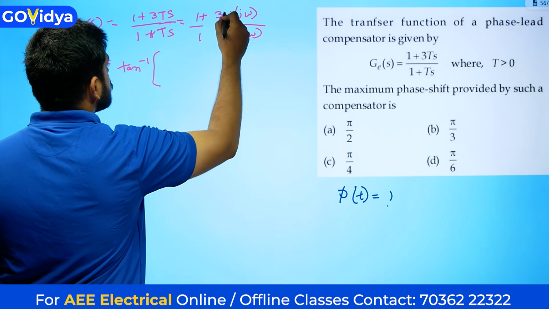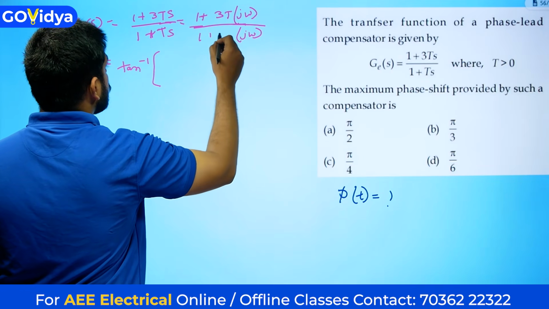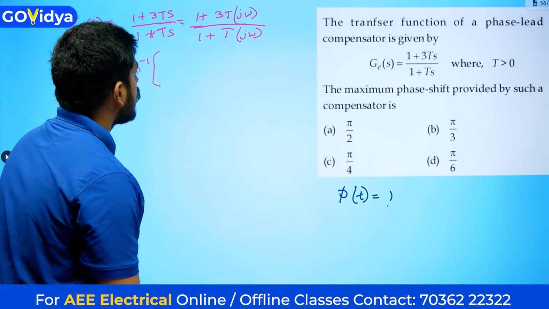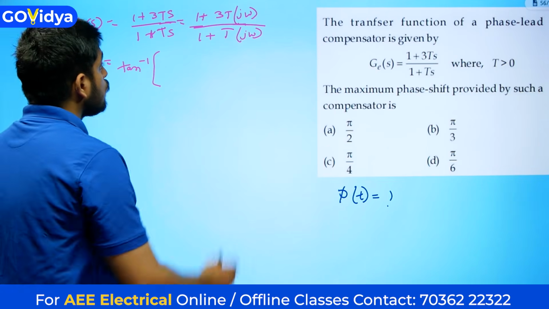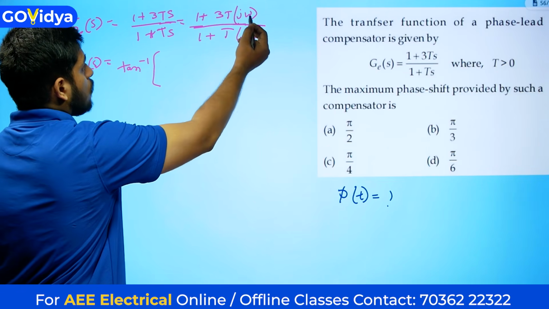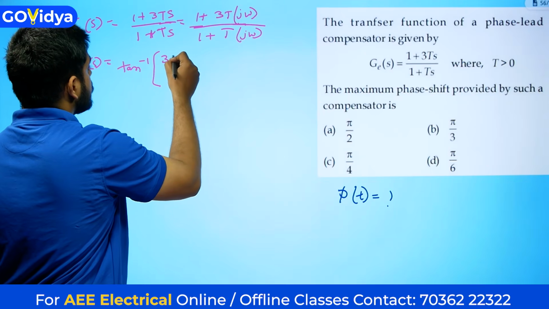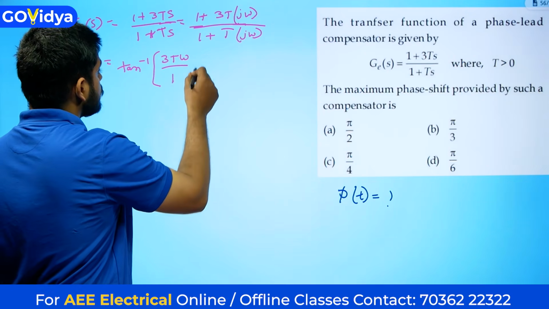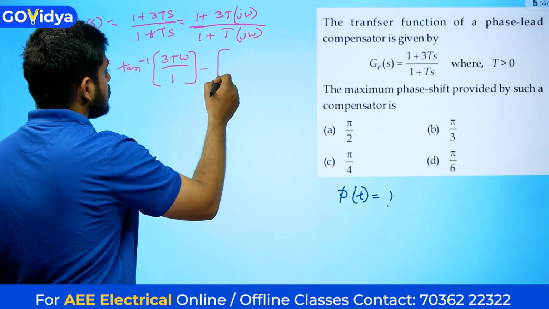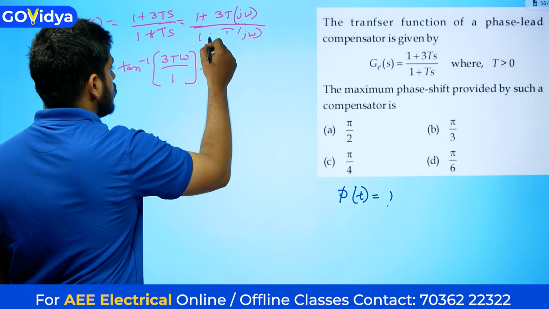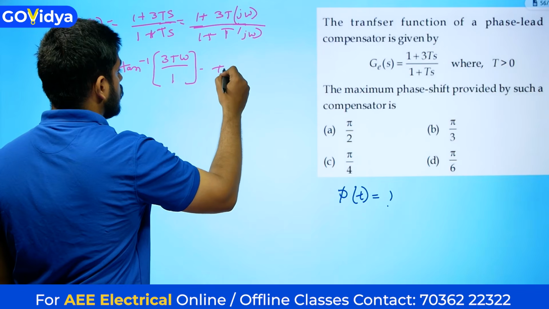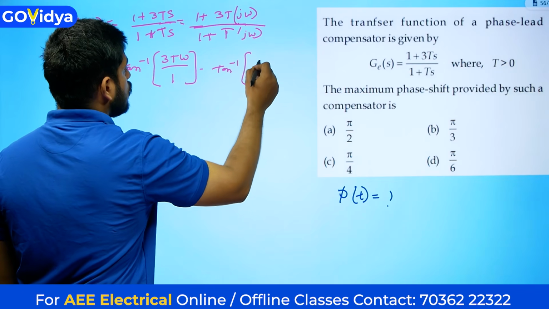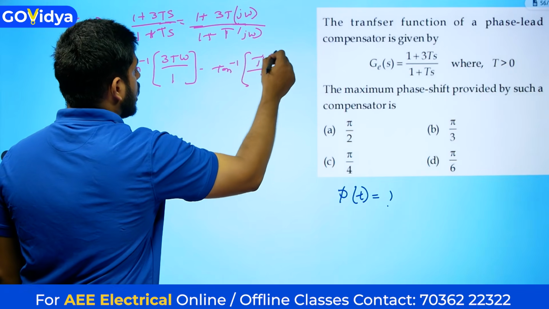Tan inverse of imaginary over real: the imaginary part is 3t omega by 1, minus tan inverse of t omega by 1.